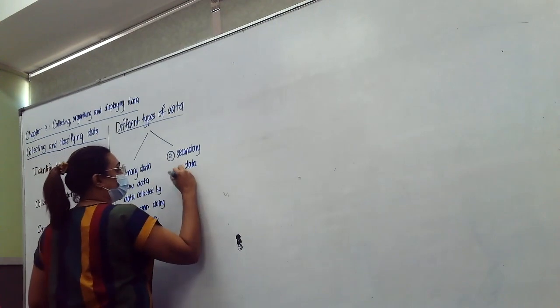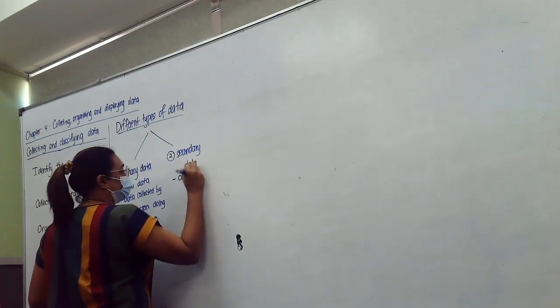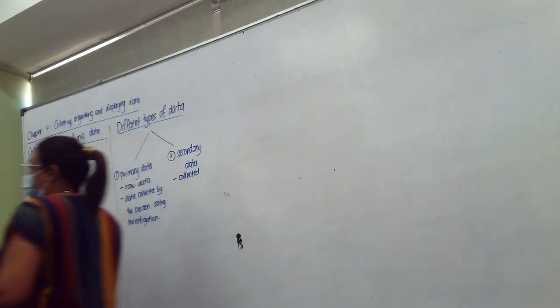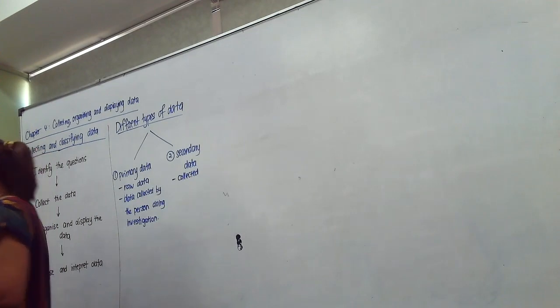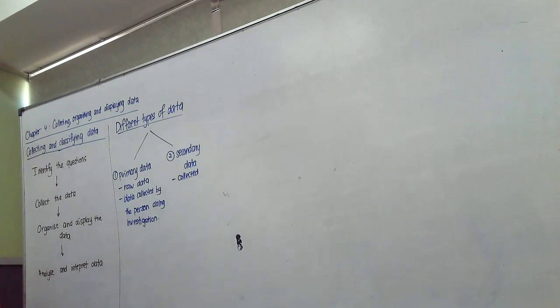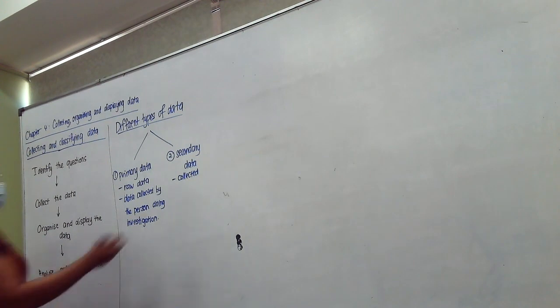Raw data means it's original, like the first data. Secondary data, you take the original data and store it for yourself, but it actually belongs to someone else.